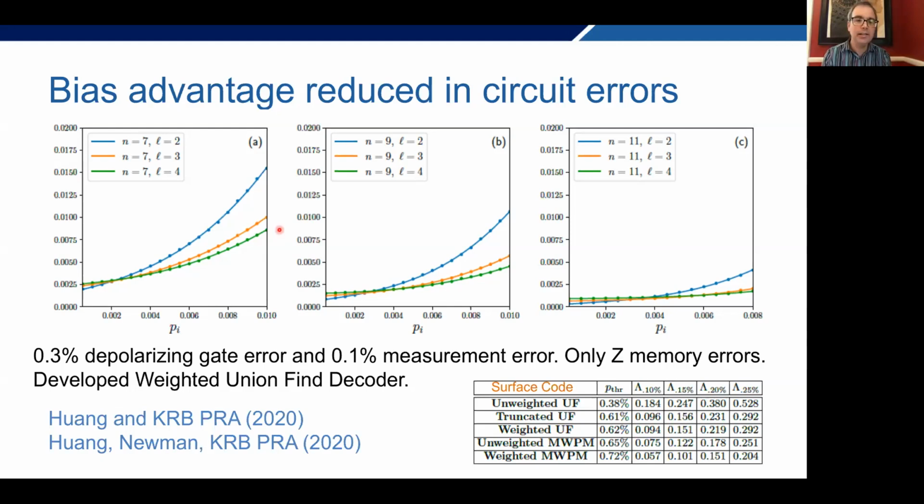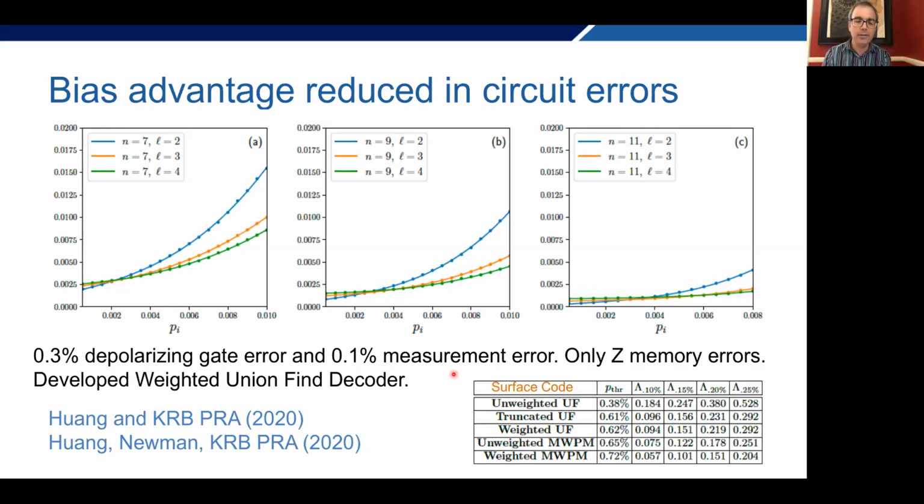And what you see is that due to the depolarizing gate errors, the elongated codes do help with the bias, but as the codes get larger and larger, the ratio of that gain goes down. So you need to really take advantage of the circuit-level model. You need some of the techniques that Shruti talked about, with gates that actually preserve the noise bias.